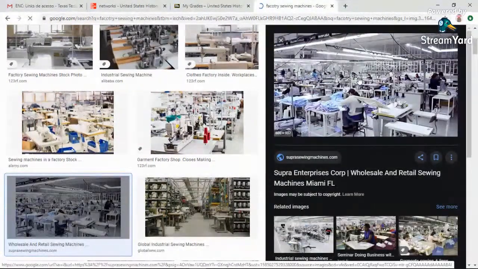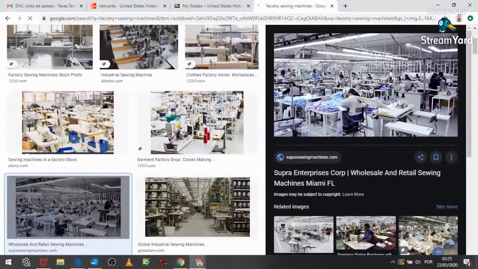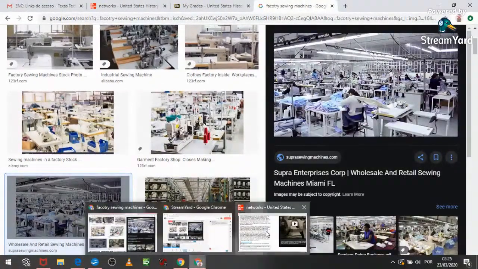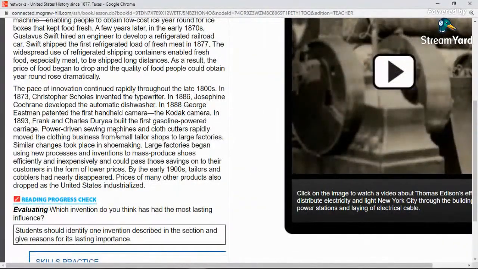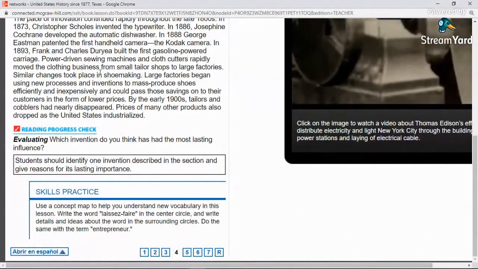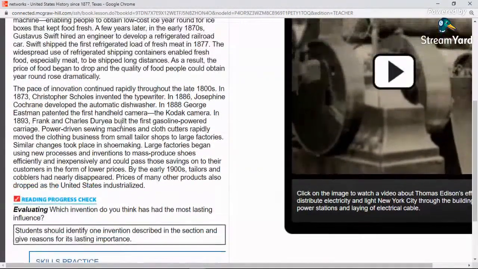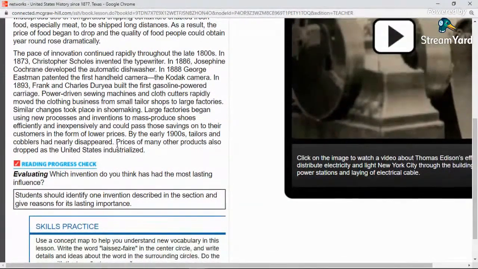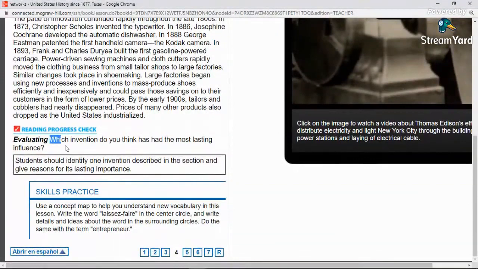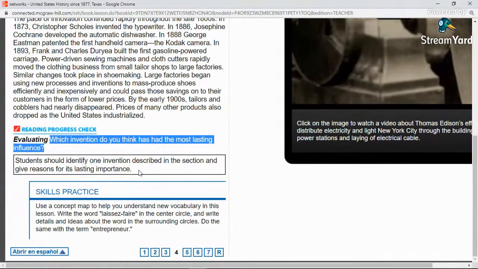As you can see, a bunch of people here working at their sewing machines. So here, if you read the rest of this paragraph, you can get some more inventions, and there's a question that was on the assignment, the same question, okay?